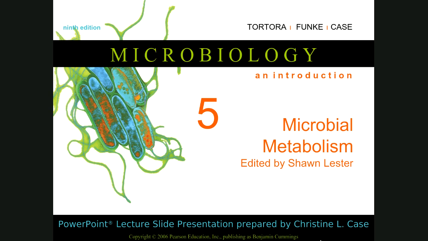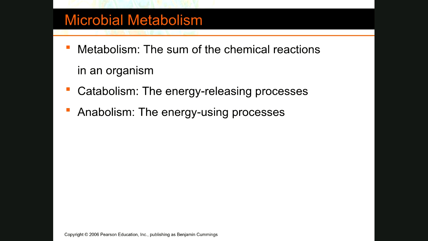But to get started, metabolism is the sum total of all of the chemical reactions in an organism. And you can split those reactions into two major groups, catabolism and anabolism. The catabolic reactions are those that break down food molecules and produce energy.